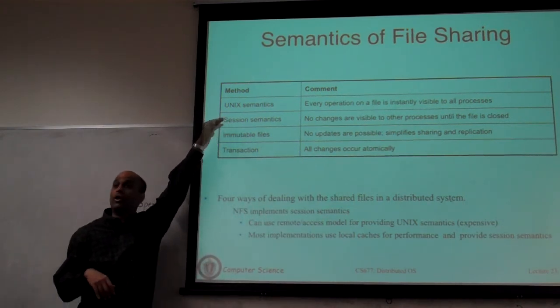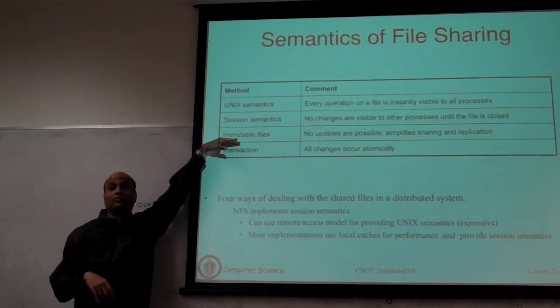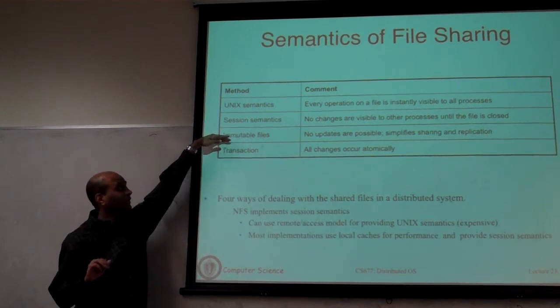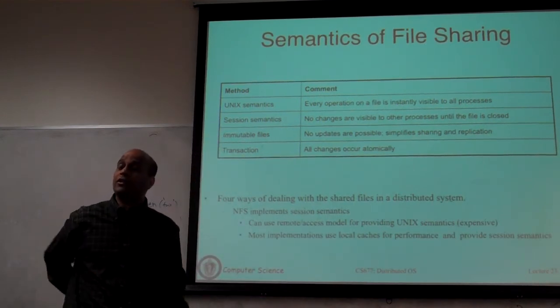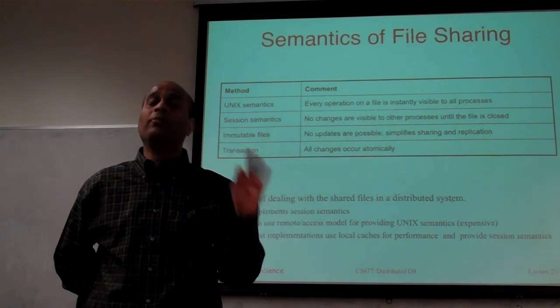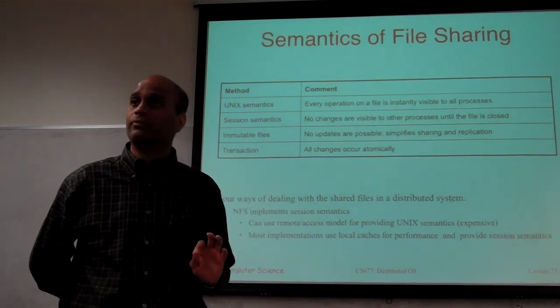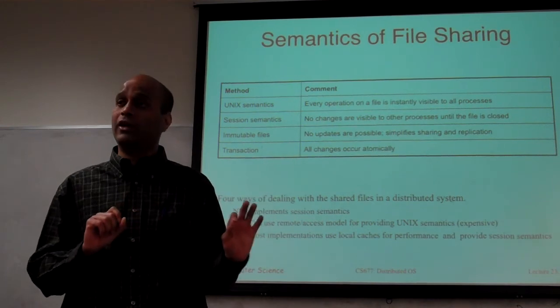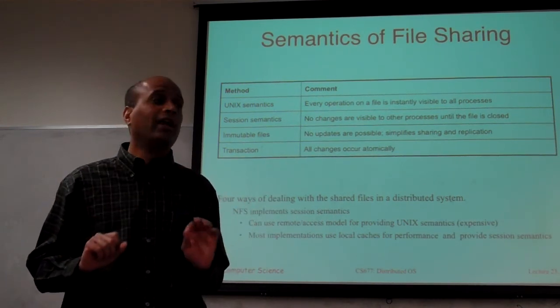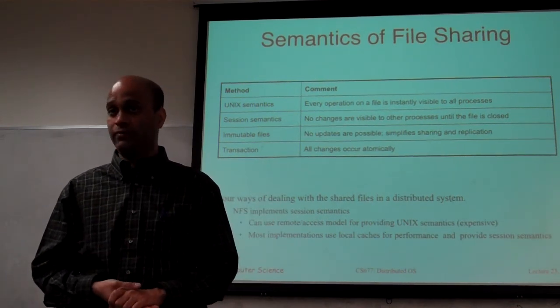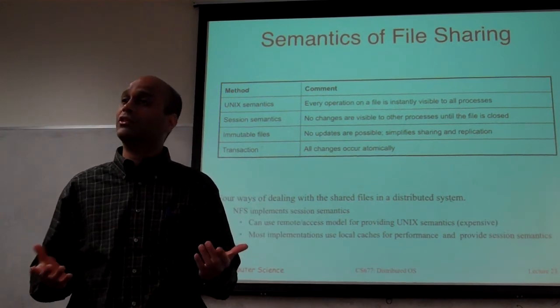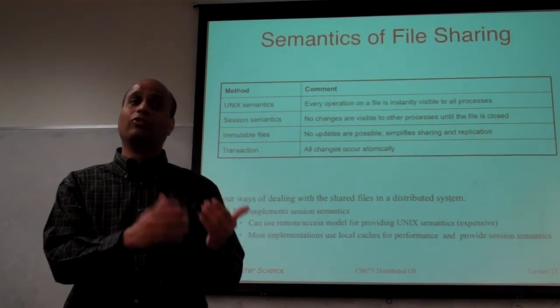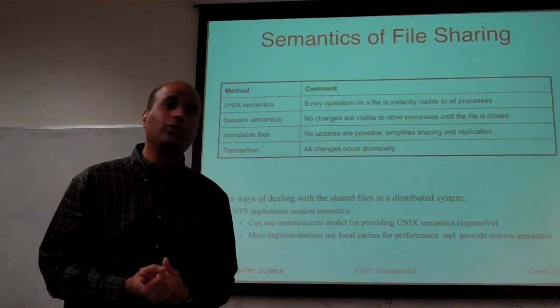NFS actually does not provide those semantics. NFS provides weaker semantics because of consistency reasons. In NFS, a process on one machine can write to a file. If a process on another machine reads that file just after that write, it is not guaranteed that those writes will be visible. The reason for this is, as soon as you write to a file, those changes are not immediately sent to the server.